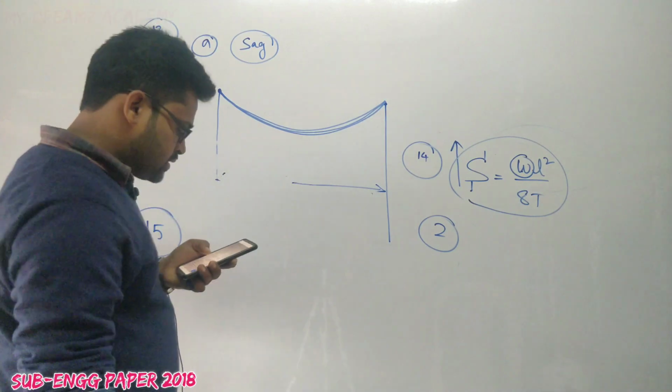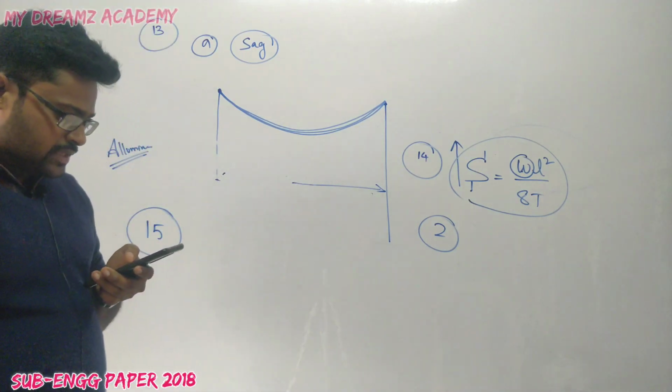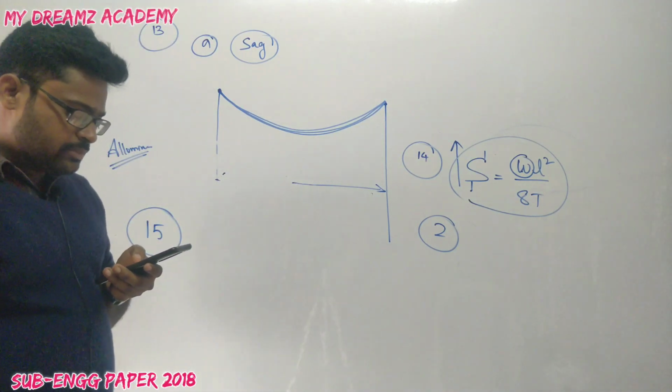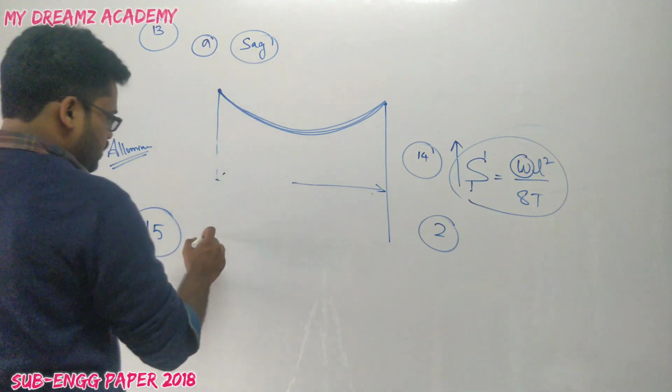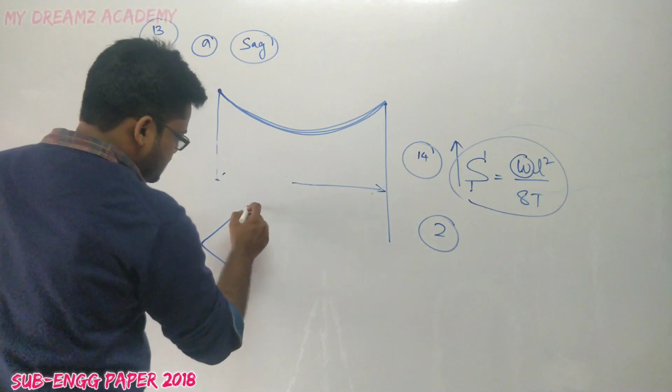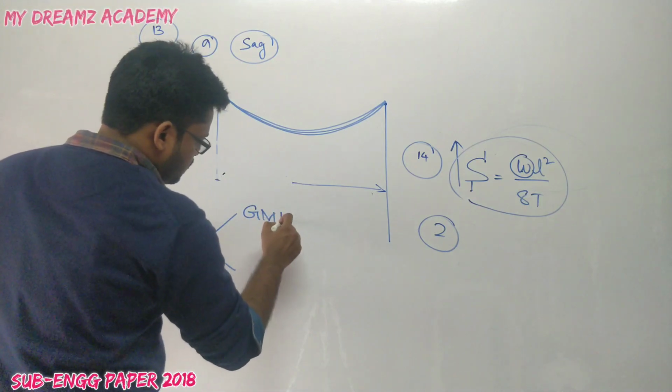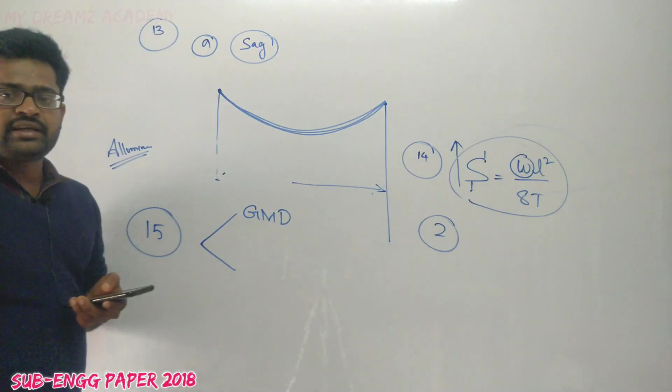This question is also from power system. The GMD method is used to evaluate which quantity? We have two terminologies, GMD and self GMD. GMD means geometrical mean distance.